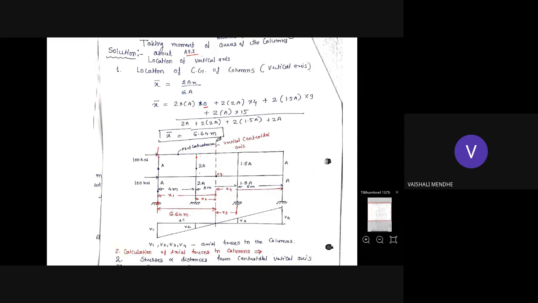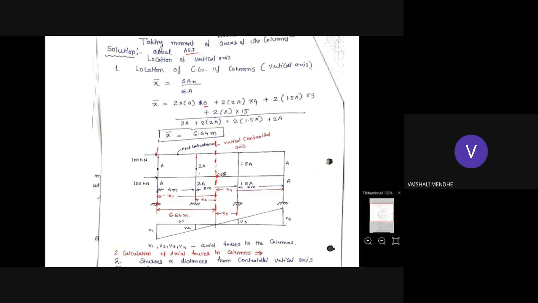So we'll get this centroidal vertical axis of the frame, where we have located the centroid of this frame. Okay, so first step is the location of the vertical axis or the centroidal axis.